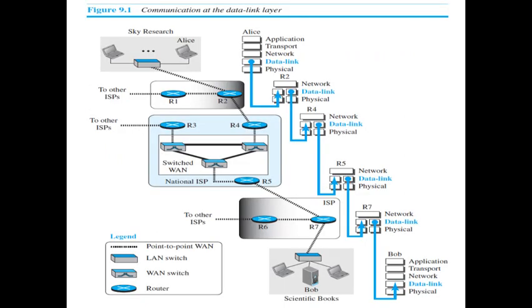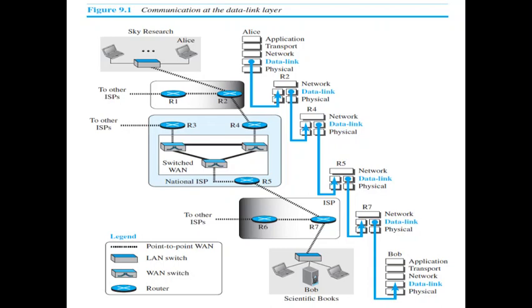First of all, we will discuss how the communication happens at the data link layer. We know that the data link layer is the second layer of the OSI model or TCP/IP model, whichever model you take. All the diagrams and contents are taken from the prescribed VTU textbook, Data Communications and Networking by Forouzan.